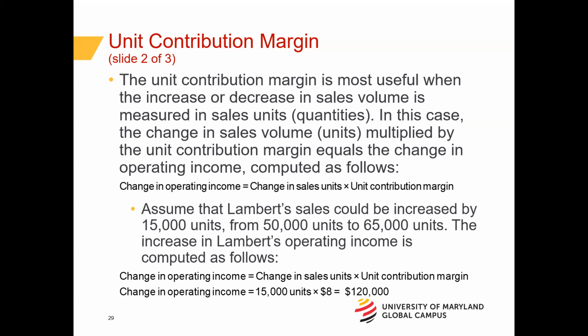So $20 minus $12 equals $8. 15,000 units in change times $8 unit contribution margin equals $120,000, which is our change in operating income. Good? All right.